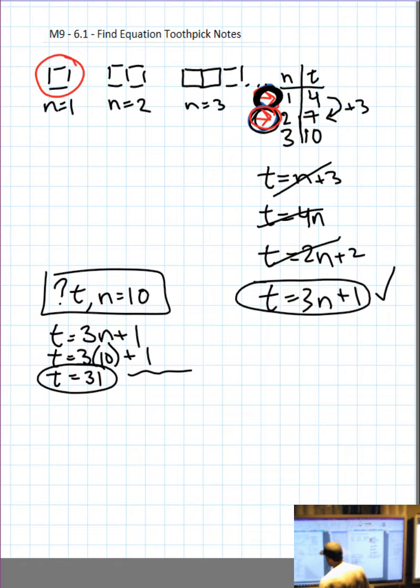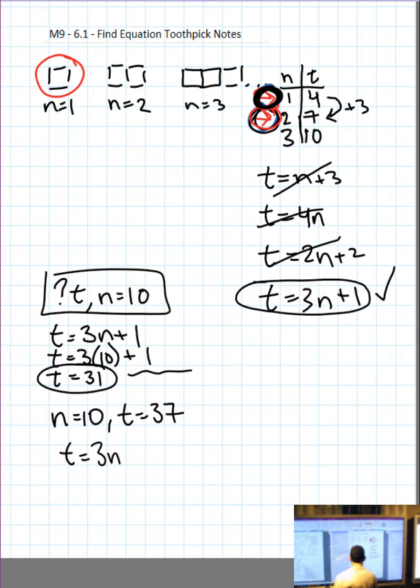Okay, which diagram, n equals what, has 37 toothpicks? t equals 37. So again, this time I'm going to start off with the all-encompassing formula. Now t is 37, so I'm going to put 37 in for t, obviously. Then I'm going to do algebra, doing equations from last year, subtracting 1 from both sides.